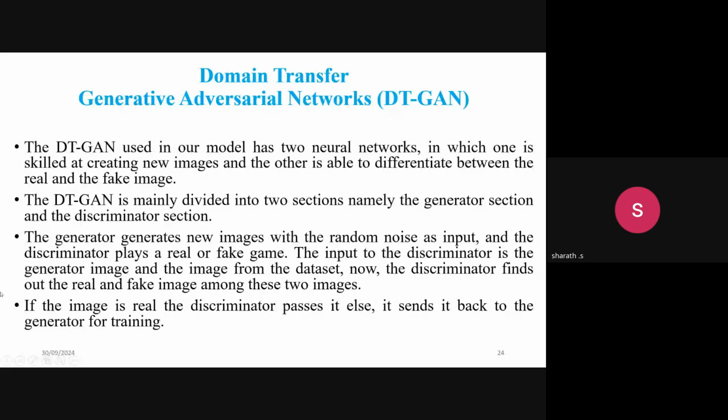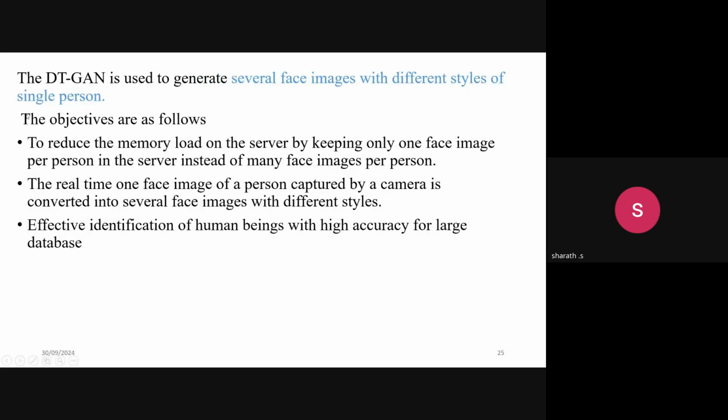The input to the discriminator is the generated image and the image from the dataset. Now the discriminator finds out the real and the fake image among these two. If the image is real, the discriminator passes it, else it sends it back to the generator for further training. So the DTGAN is used to generate several face images with different styles of a single person.